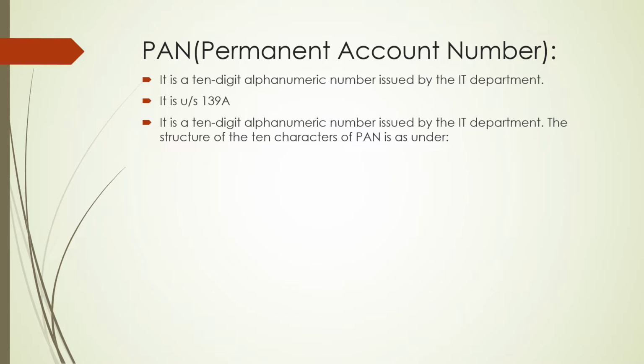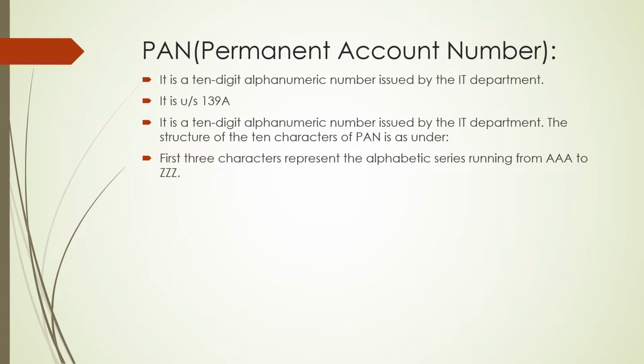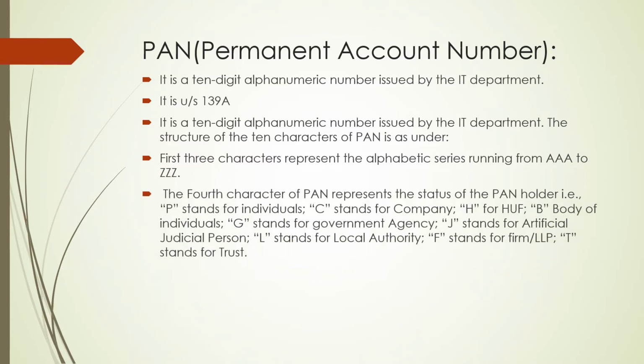The structure of the 10 characters of a PAN number is as follows. First, the first 3 characters represent an alphabetic series from AAA to ZZZ. Second, the fourth character of PAN represents the status of the PAN holder.